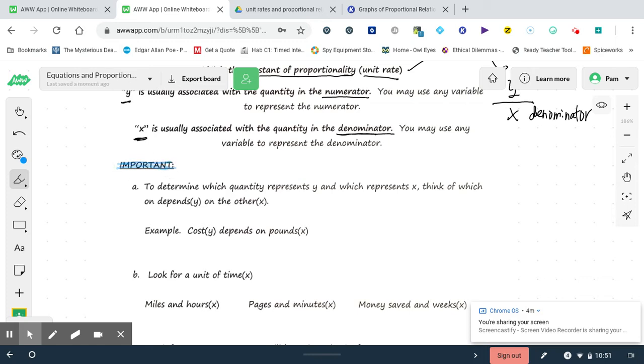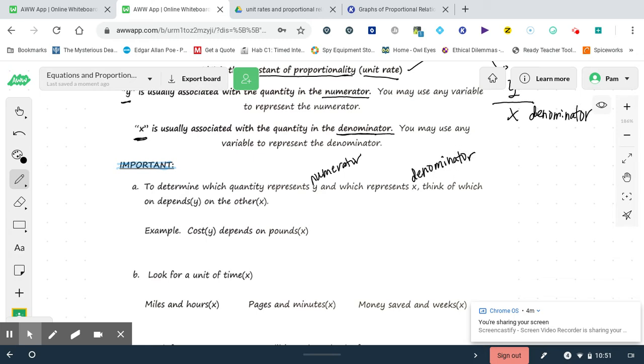Let's look at A, B, and C. A says to determine which quantity represents y, which is your numerator, and which represents x, which is your denominator.